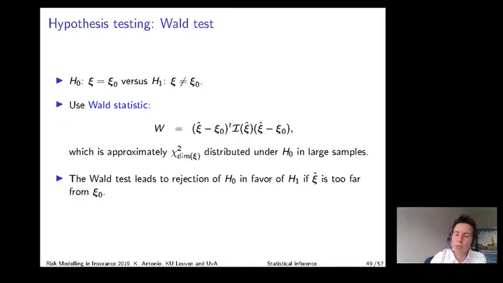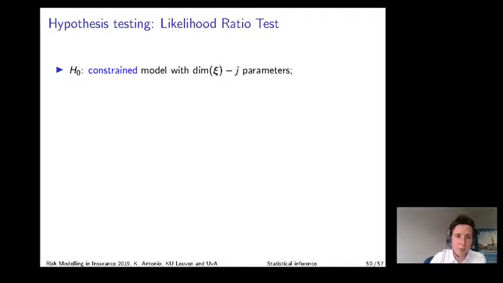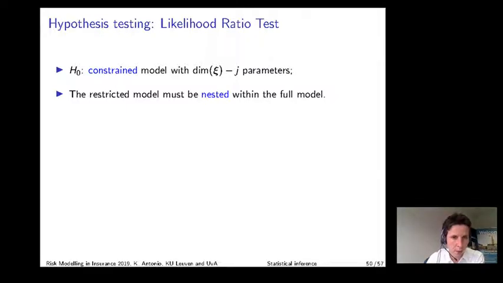A useful type of test to keep in mind during this course is the likelihood ratio test. This test allows you to compare nested models. Say that the model under the null is a constrained model with j parameters less than the full model under the alternative. Typically, in the null, you would put j parameters equal to 0 to investigate their significance.